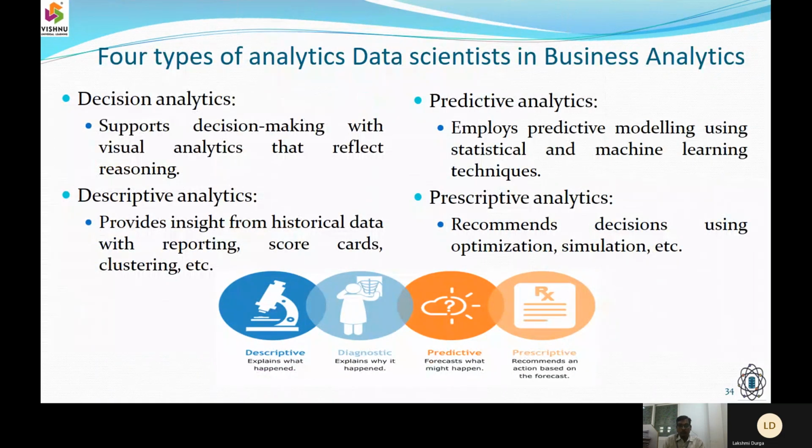So you can look at this diagram. We call the first one descriptive, which explains what happens. Next we have diagnostic, which explains why it went wrong. The fourth one forecasts what will happen in the future. And the fifth one gives the recommendations, the suggestions.